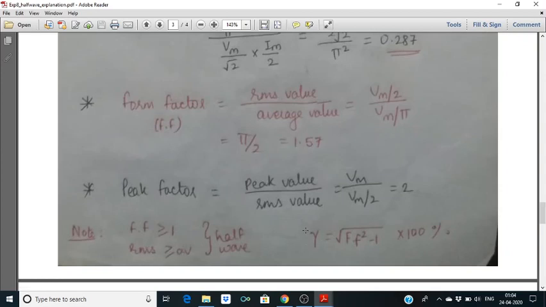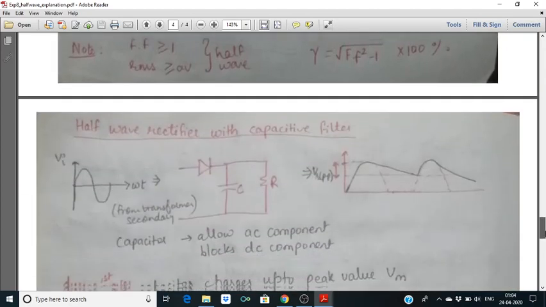So we can calculate ripple factor in terms of form factor also. As form factor is greater than 1, we will get a large value of ripple factor. So this is one of the disadvantages of half wave rectifier.